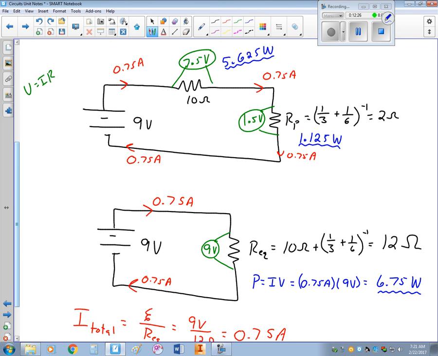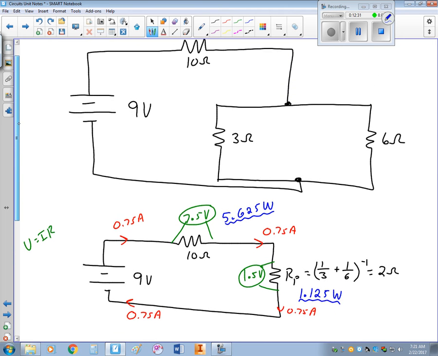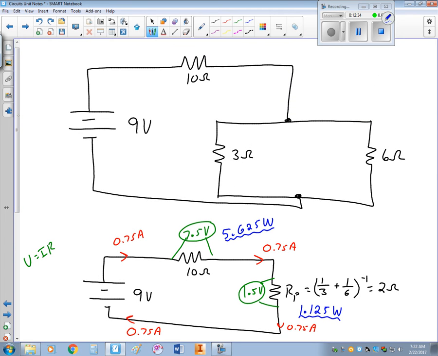All right, let's move back up, and now we're ready to analyze our original circuit. So once again, we know that we have 0.75 amps leaving the battery, so we better have 0.75 amps returning to the battery. And that 0.75 amps is going to reach this junction, and then it's going to break up into two smaller currents.